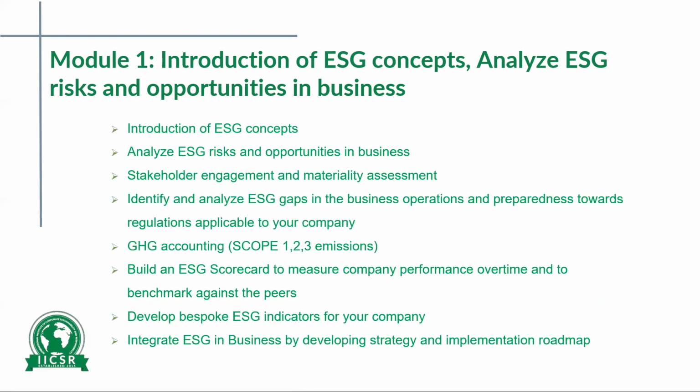Then what is materiality assessment, stakeholder engagement, and GHG accounting in detail, so that you can calculate the emissions in your respective organizations' operations, and build an ESG scorecard based on the key performance areas of a company, specifically indicators based on leading frameworks such as GRI, SASB, TCFD.